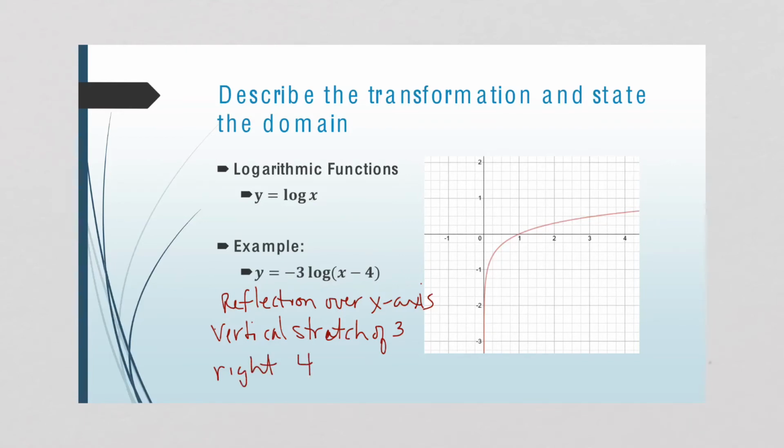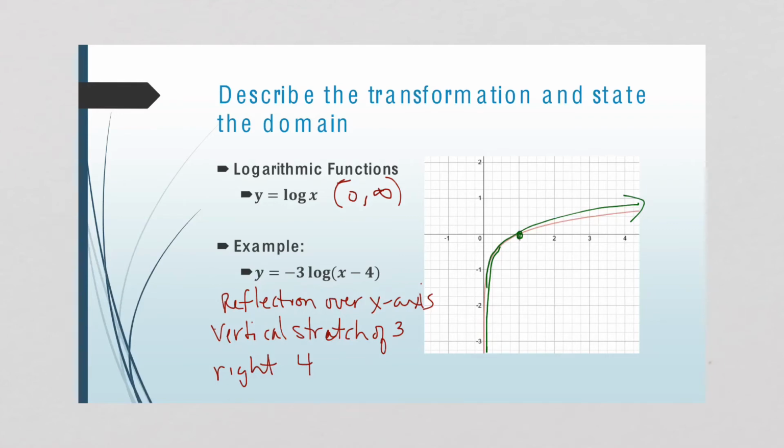Well, in this case, for the original function, my domain would be 0 to infinity. Because on the original function I can see that there's this asymptote at 0, and I'm only including these types of things. Well, I shifted this guy to the right 4.